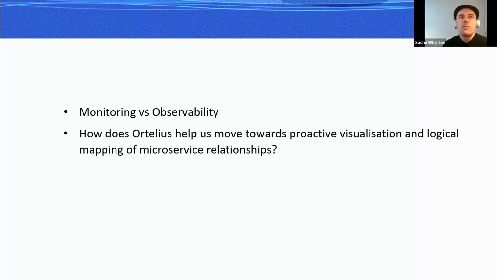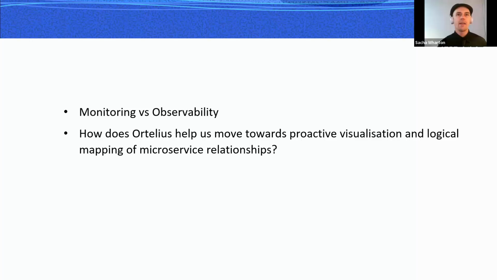Monitoring and observability are quite a hot topic at the moment, and whilst doing this research, I found a lot of conflicting uses of the words, and they were used interchangeably. But however you use them, it boils down to this: monitoring is a reactive process that tells you when known problems have occurred.